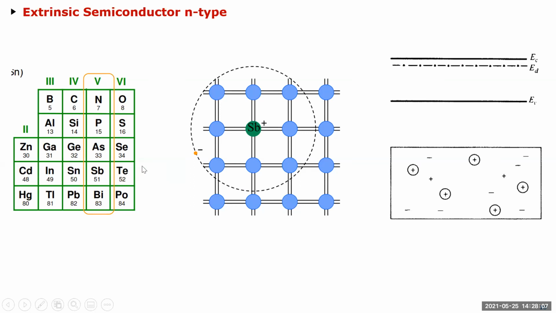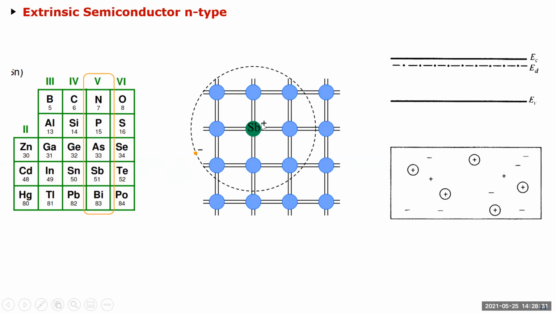Actually, phosphorus is another one which is used quite a bit to dope it. This is what's called doping. You're doping with the impurity such that one of the atoms sits in between, let's say, silicon atoms, and because it has an extra mobile electron, it's free to move, and that immediately jumps into the conduction band.